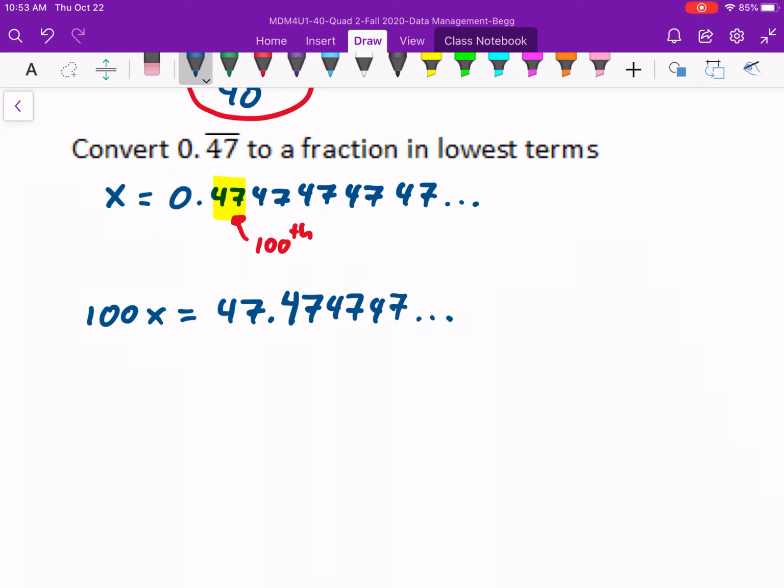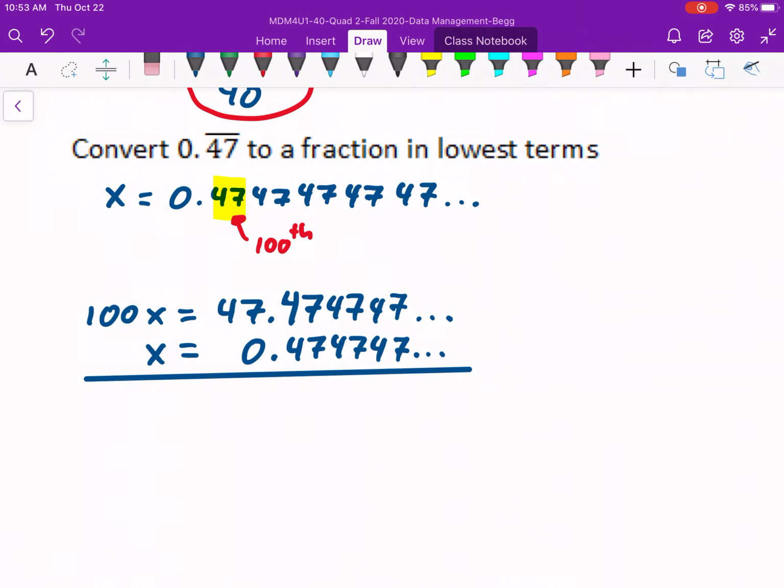And then I'll subtract, so I'll line these up vertically, and I will line up my decimal places, and I can subtract on the left side, I can subtract on the right side. If I do 100x minus 1x, because that's assumed to be a 1, I end up with 99x.